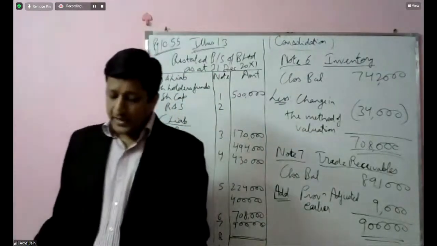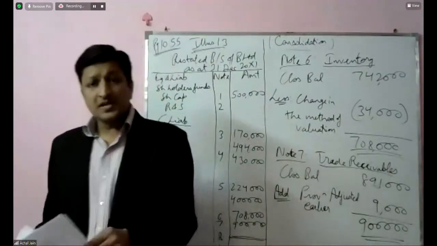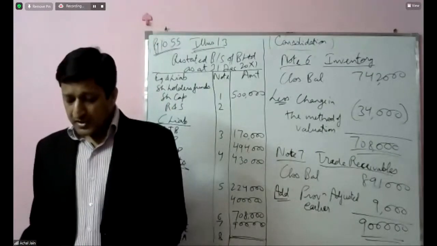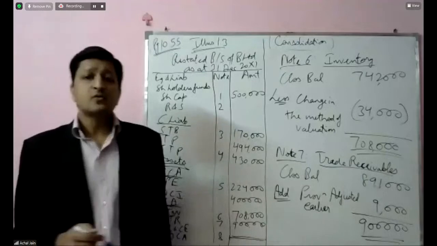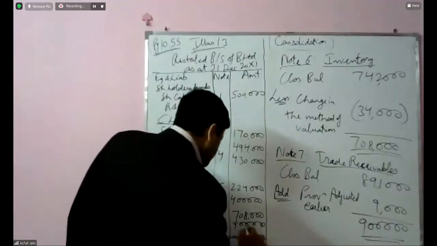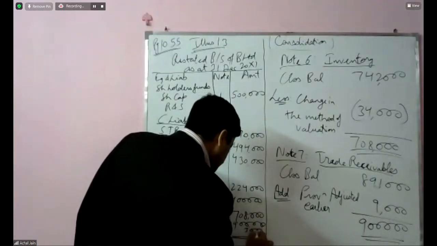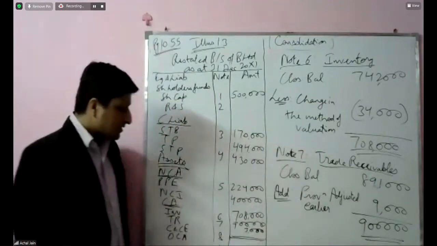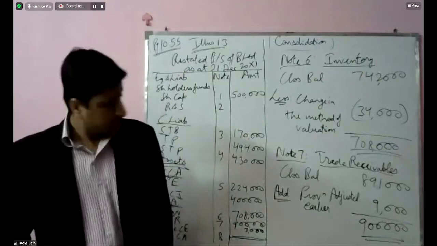Cash and cash equivalent. This is a direct number. No note is required. So this is 3,000.